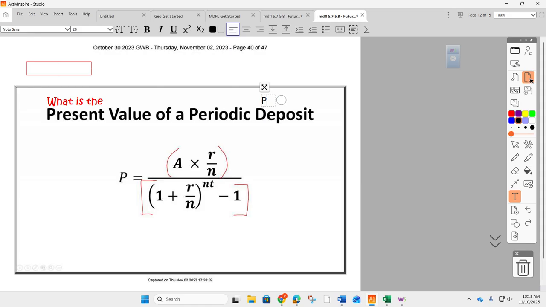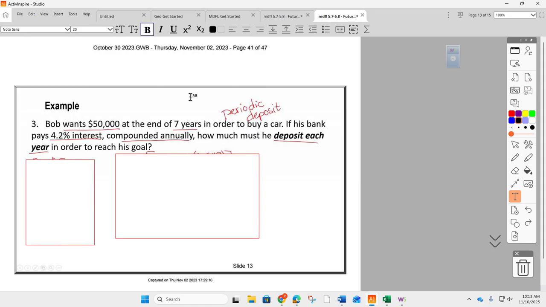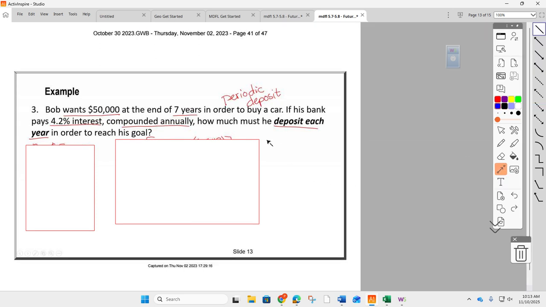Bob wants $50,000 at the end of 7 years in order to buy a car. If his bank pays 4.2% interest compounded annually, how much must he deposit each year? So they're telling us how often he deposits, so that makes it a periodic deposit. And how much must he deposit?